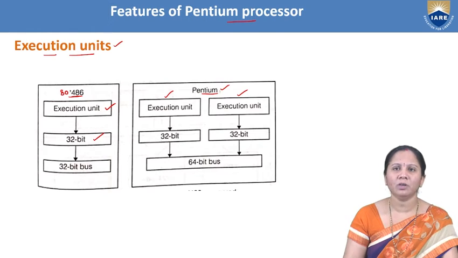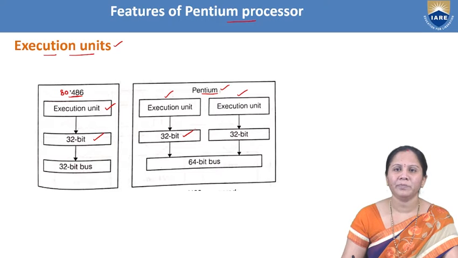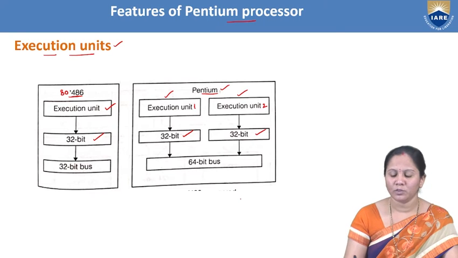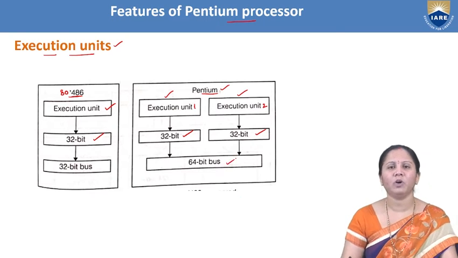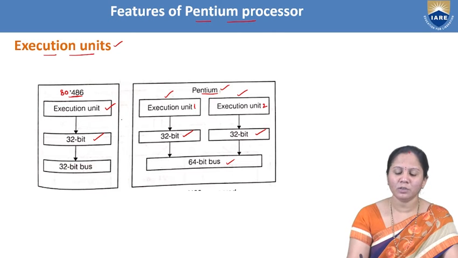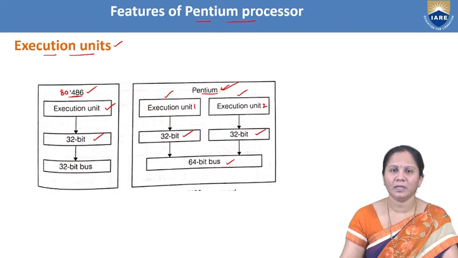Each execution unit performs 32-bit operations. Execution unit 1 performs 32-bit operations and execution unit 2 performs other 32-bit operations. So totally 64-bit operations can be done using the Pentium processor. This is also a main advancement from 80486 to 80586, that is the Pentium processor.